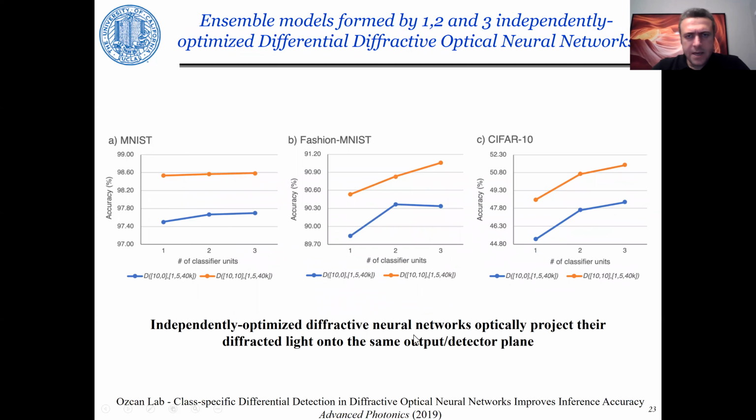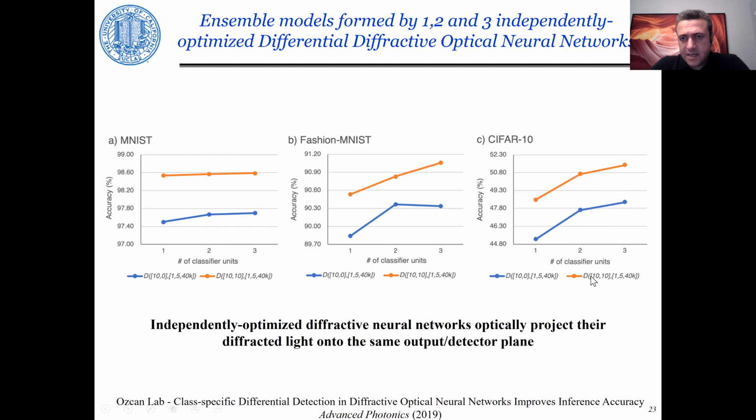Another interesting observation that we had is you can take these differential diffractive networks and have them project their patterns onto the same output detector plane. Here what you're looking at is multiple diffractive classifiers that project their results, and at the output there is some averaging ensemble model formed by averaging coming from these independently trained diffractive network models.